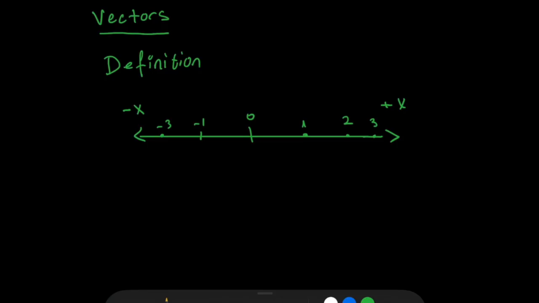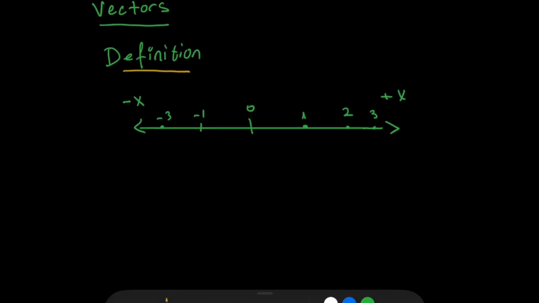Let's start with vectors. First, the definition of a vector. First, we have initial, final, and we have direction, we have magnitude.